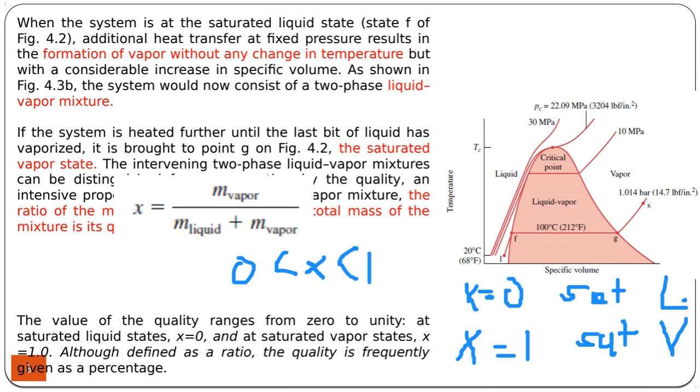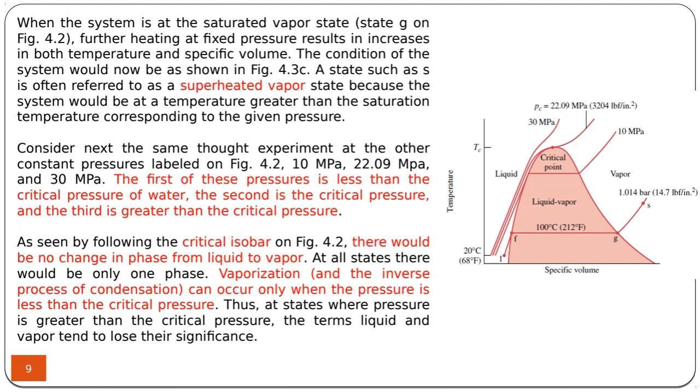So inside the mixture zone, you have a quality of steam, which is between 0 and 1. It's 0 on the saturated liquid, and it's 1 at the saturated vapor point. So once you get the value for the quality of the steam, then you can calculate the property easily, because the property in the mixture is directly related to the quality of the steam.